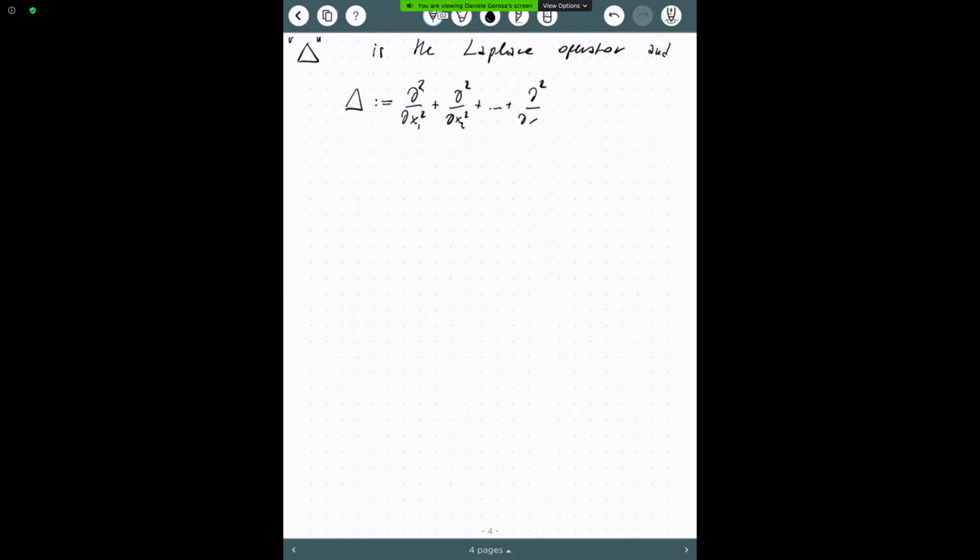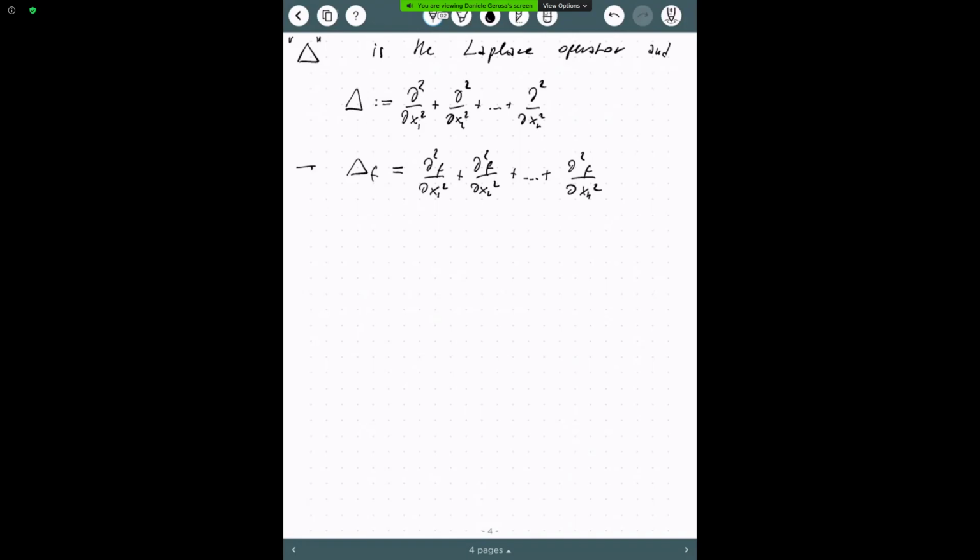So it's the sum of these partial derivatives of the second order. So this means that the Laplace operator computed at f is nothing but exactly what you would expect: this plus this plus dot dot dot. So a function is said to be harmonic if its Laplacian, or Laplace operator, is equal to 0.